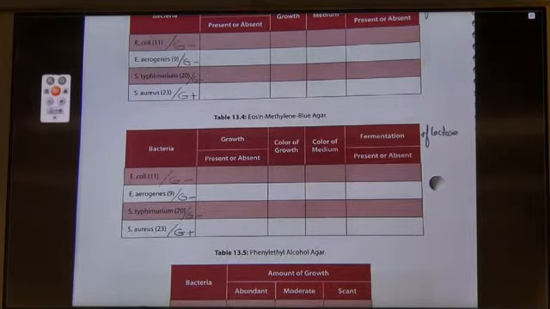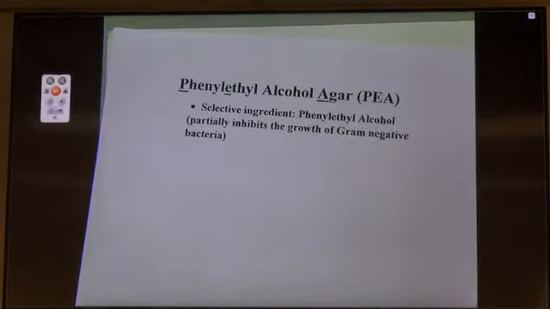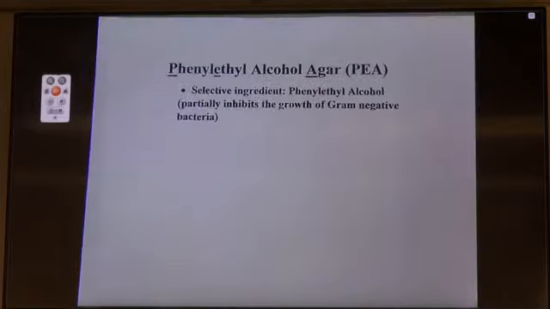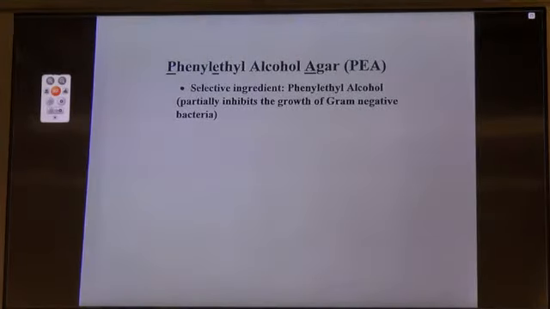All right. Our second last plate is phenyl ethyl alcohol. This plate is selective only.